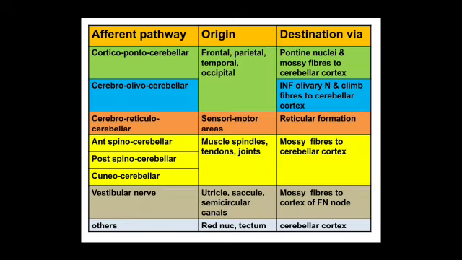So the afferent pathway, so we have the cortico-pontocerebellar and cerebro-olivocerebellar. Both originate from the frontal, parietal, temporal and occipital lobes of the cerebral cortex. Cortico-pontocerebellar, the main destination is to the pontine nuclei and mossy fibers to the cerebellar cortex.